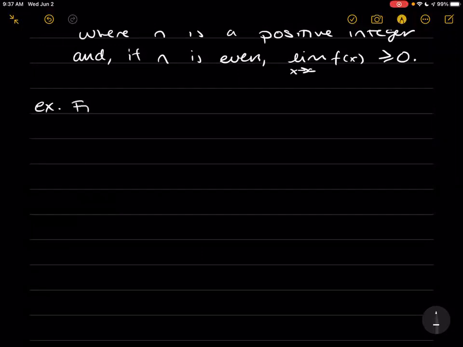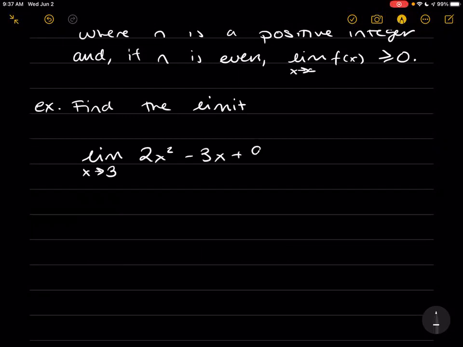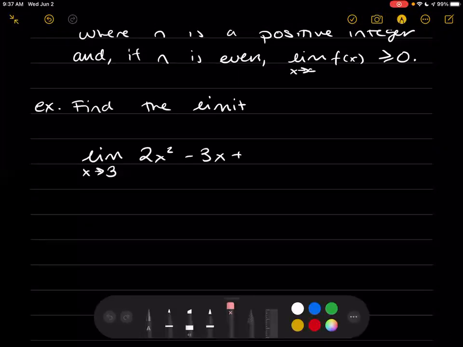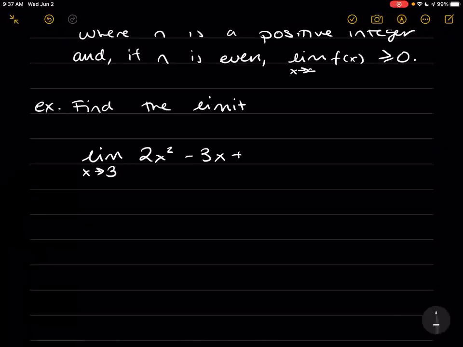Let's say we wanted to find the limit as x goes to 3 of 2x squared minus 3x plus 4. Okay, so pretty straightforward quadratic.